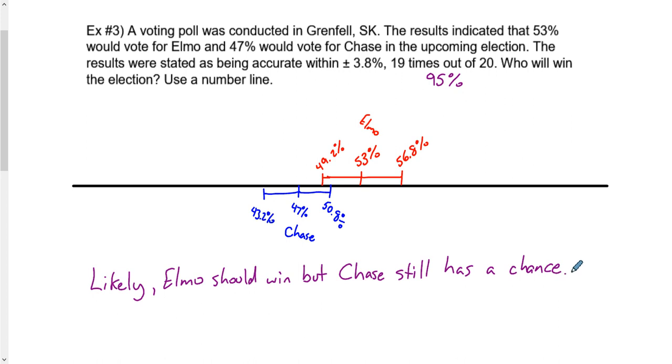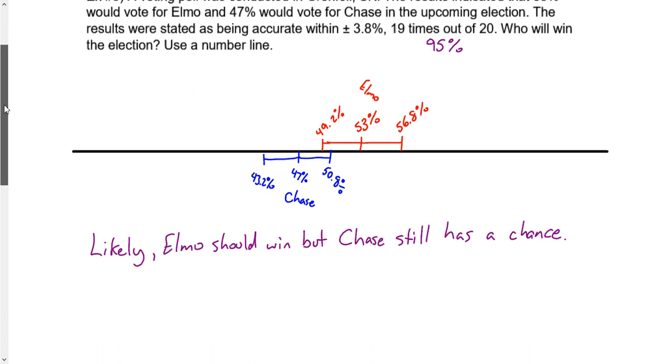When you start following elections, in any kind of election year, you'll see a lot of these kinds of statistics, accurate within 1.7%, or in this case, 3.8%. It helps you deal with some kind of probability of whether things are going to happen.